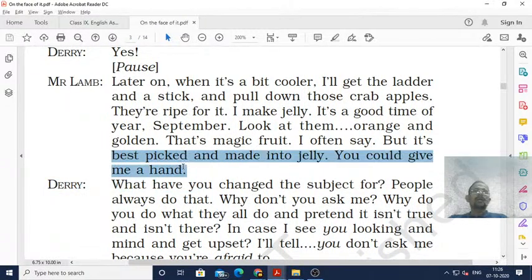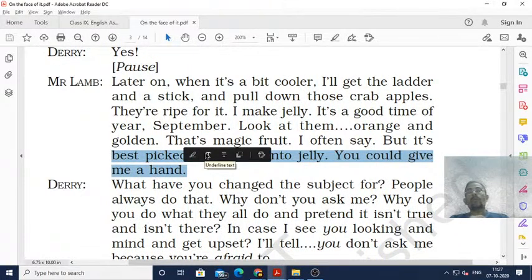Okay? So here you can see, dear students, Mr. Lamb is trying to distract Daddy from the topic that he has initiated, okay? Because if he does not distract Daddy, if he does not deviate from what Daddy is trying to say to Mr. Lamb, then Master Daddy might be very much scared, or might be very much nervous.